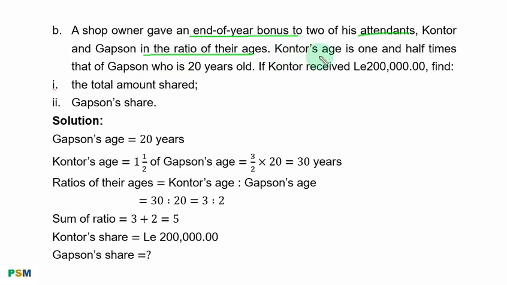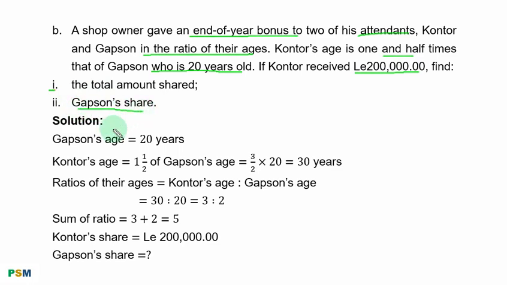Konto's age is 1.5 times that of Gibson, who is 20 years old. If Konto received 200,000, find Roman figure 1, the total amount shared. Roman figure 2, Gibson's share.